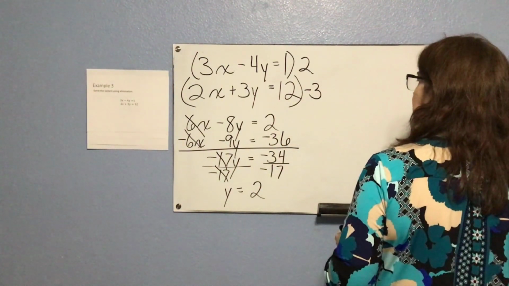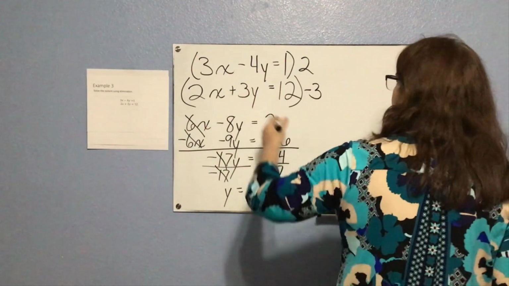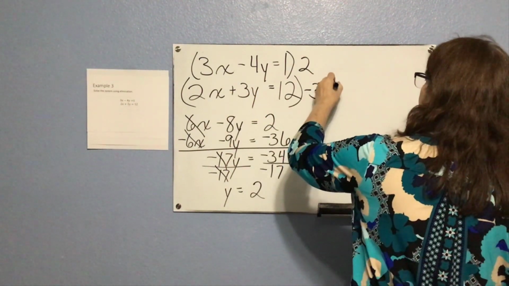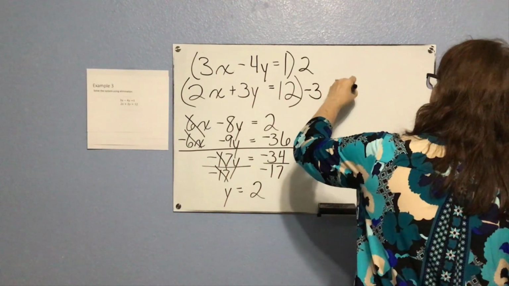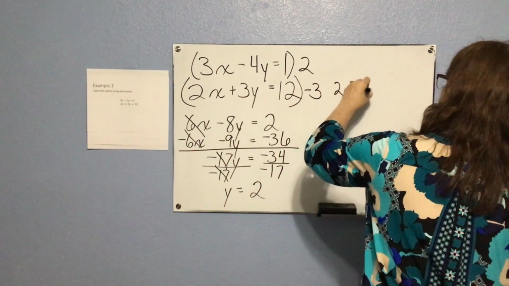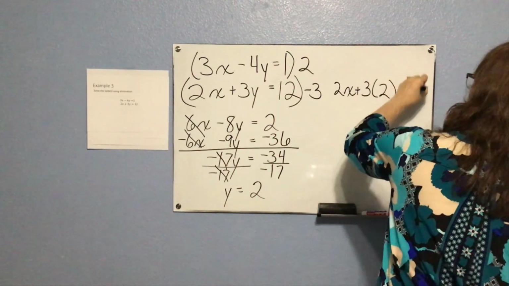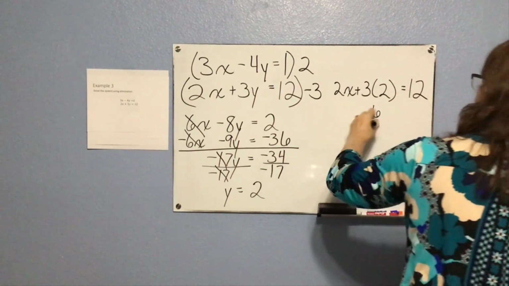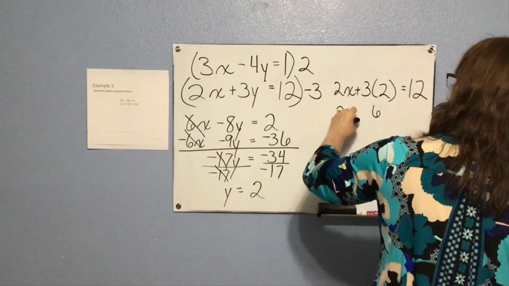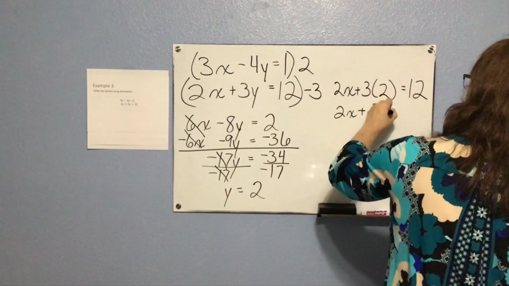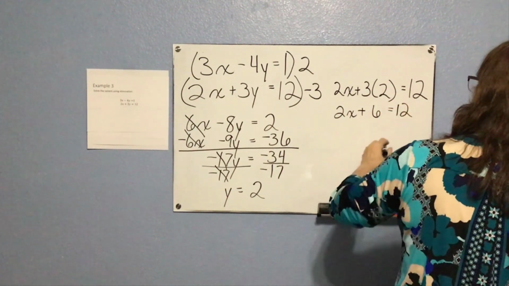Now I'll put positive 2 back into this equation. That gives me 2x plus 3 times 2 equals 12. Well, this is 6. So I have 2x plus 6 equals 12.